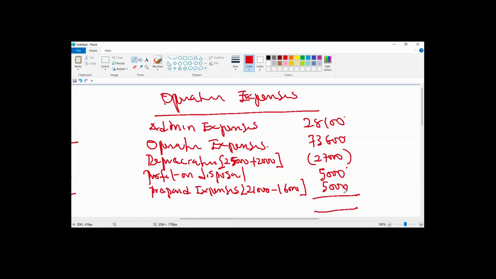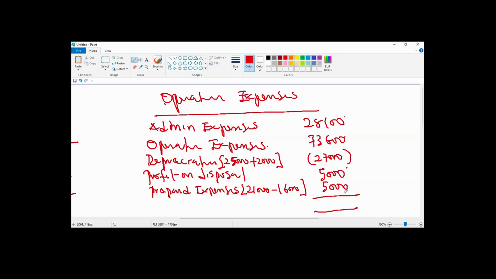How do we determine it's a profit or loss?